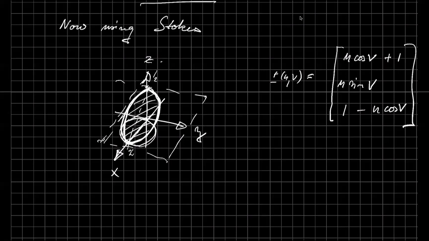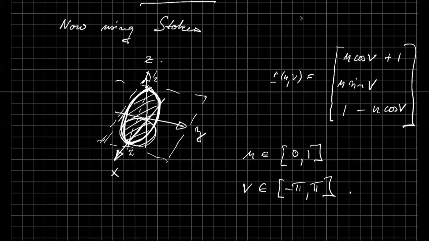Here u will be in the interval from 0 to 1, and v will be in the interval from minus pi to pi. So this is the parametric representation.